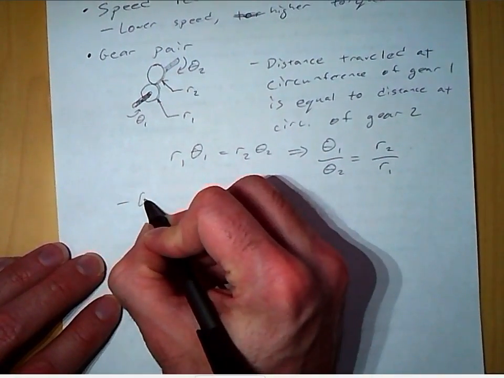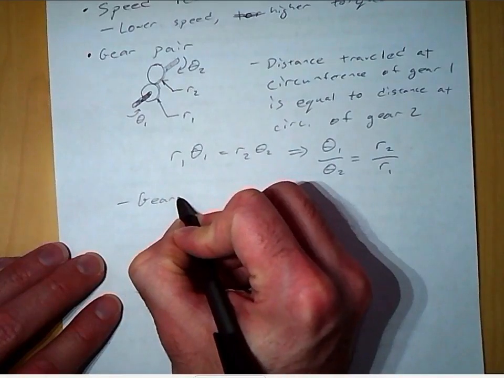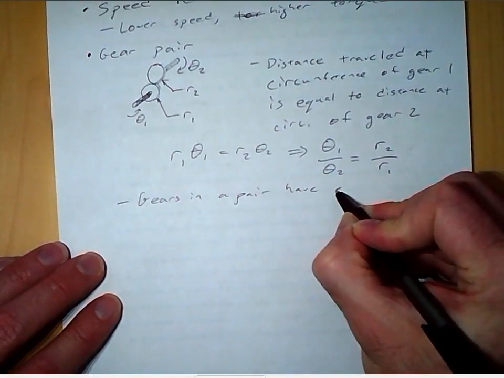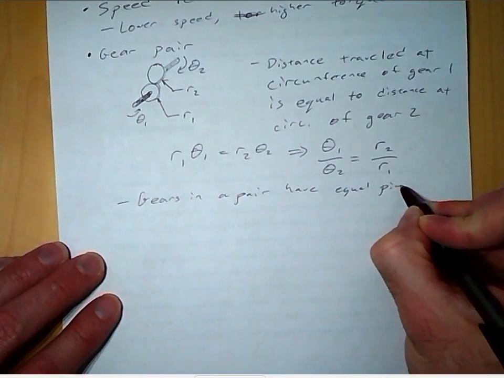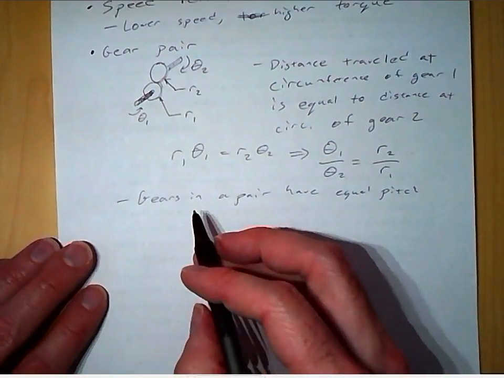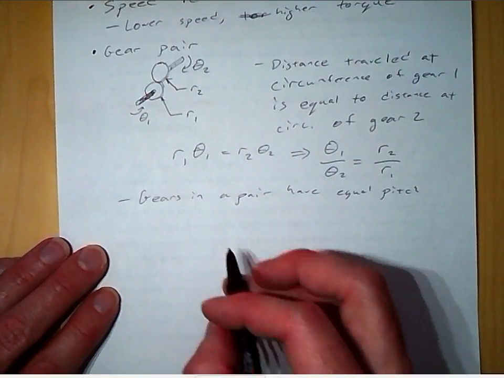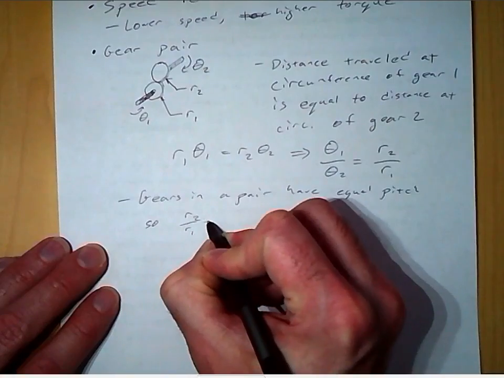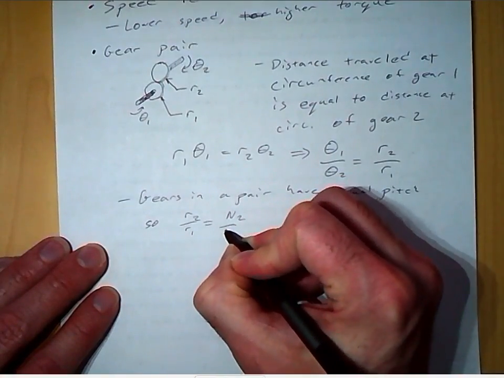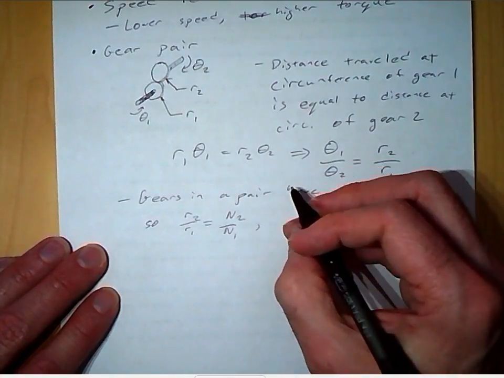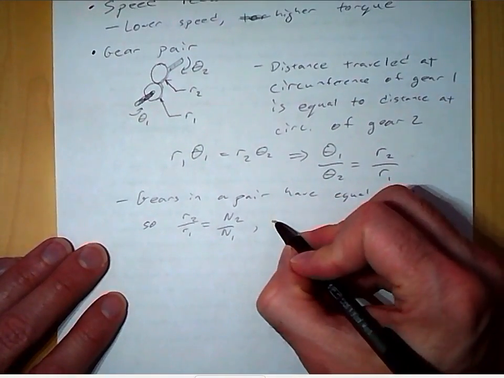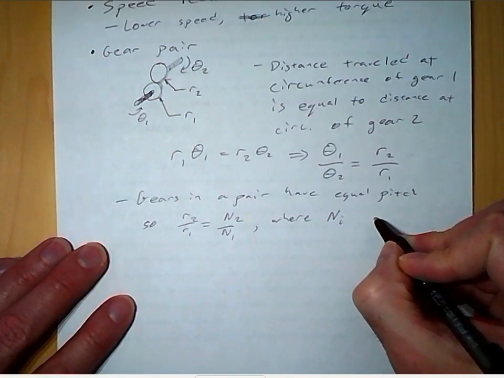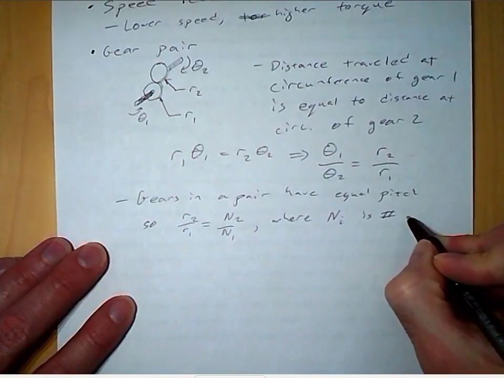Now gears in a gear pair have the same pitch, which gives you the density of the teeth, and so this ratio R2 over R1 is the same as N2 over N1, where N sub i is the number of teeth on the gear.